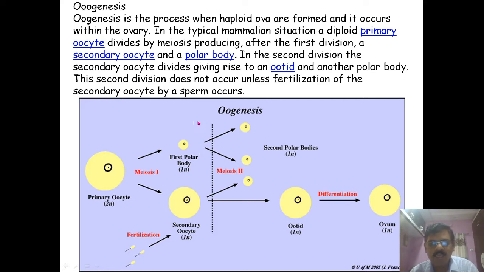In the second division, the secondary oocyte gives rise to an ootid or ovum proper and releases one polar body. And the first polar body again divides to give rise to two polar bodies. The second division of this oocyte does not occur unless there is fertilization by the sperm.